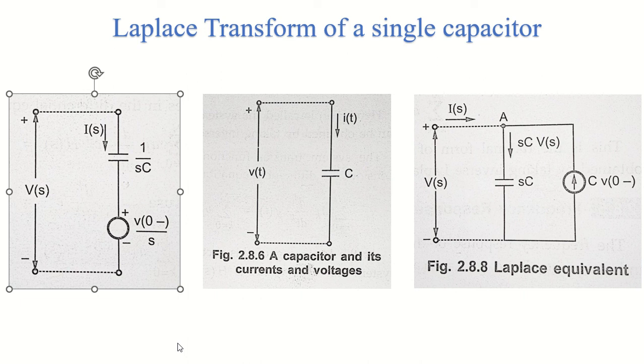So you can see what is happening in that circuit: the initial charge on the capacitor will form a voltage source, which can be given as this formula: V0 divided by s. The impedance of the capacitor will become 1 by sC, which was C in time domain, and your current will be represented as I of s, and voltage will become V of s.